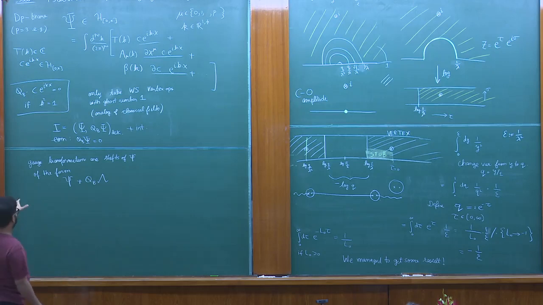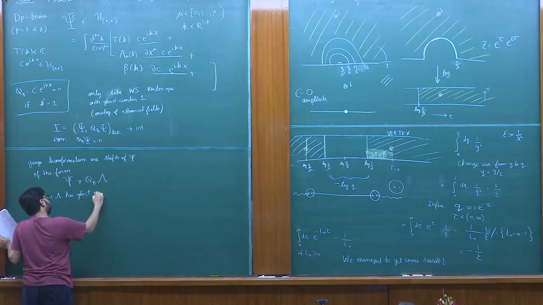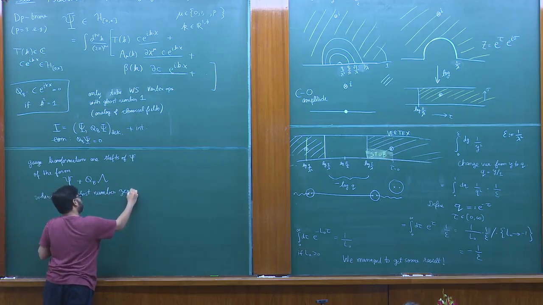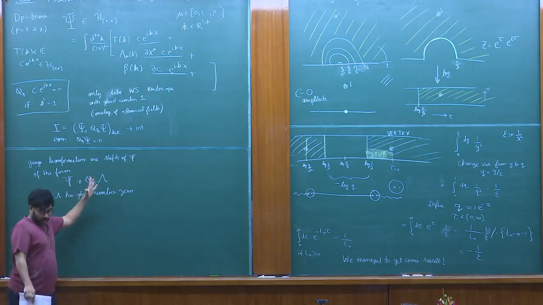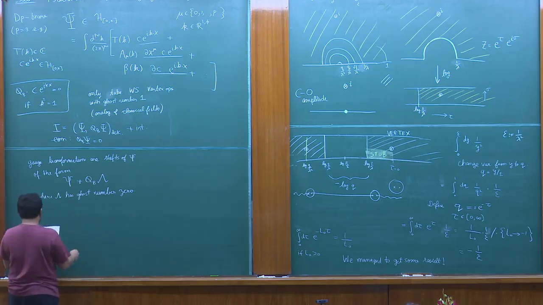But okay, so gauge transformations are shifts of psi of this form, where lambda has ghost number 0. Okay, so as already mentioned, QB has ghost number 1, psi has ghost number 1, so this equation is okay. So these are shifts of these guys, right? So what is the simplest ghost number 0 guy we can write down?